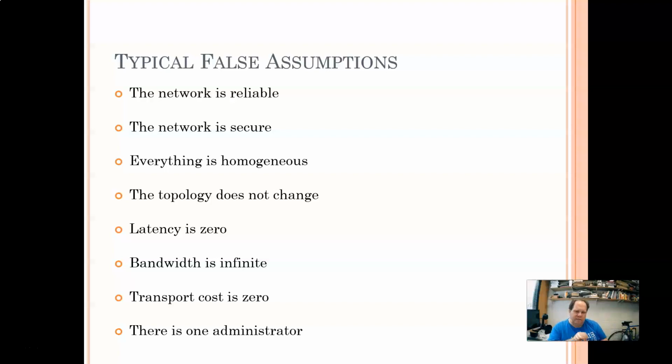And the latency: another problem is that the time it takes for one node to connect to another node is not zero. We often assume that just because two machines are quite close together, we can get instantaneous responses. So when we run an application on our desktop, in Docker, everything works fine.